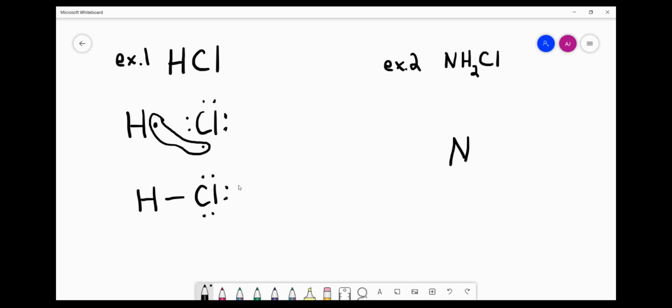So I'm going to place that in the middle, and then I'm going to simply spread my other atoms out and then draw my dots for my Lewis dot diagrams. Nitrogen, 5 valence electrons, 2 in the s, 1 in each of the p orbitals.